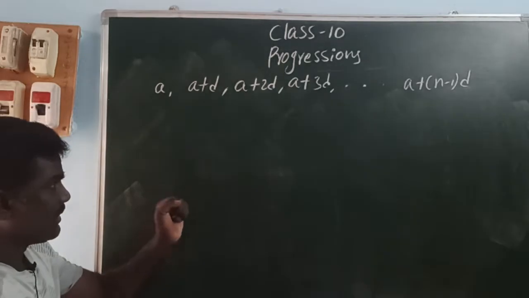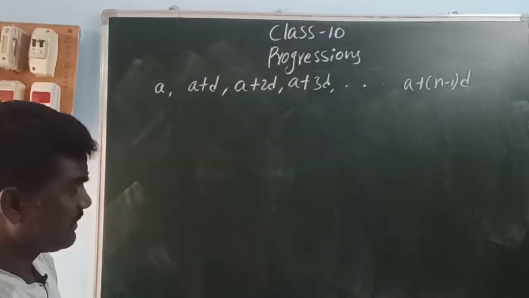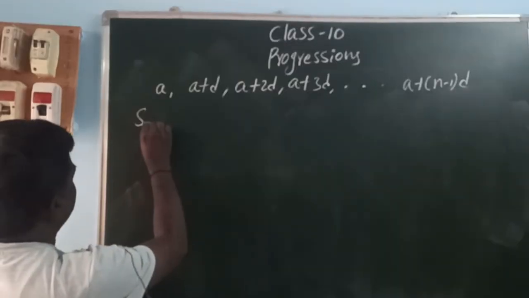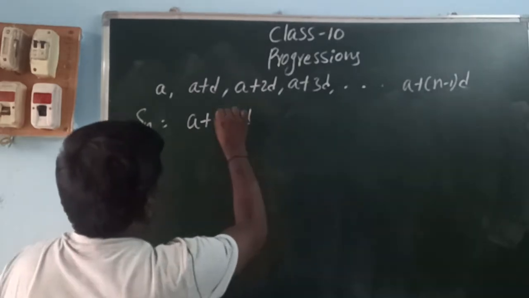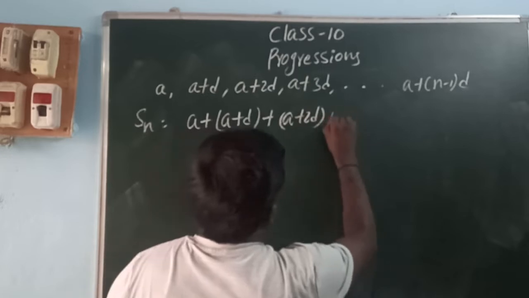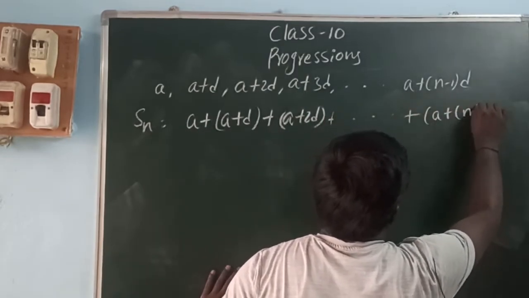Now, the sum of n terms in arithmetic progression. How can we do that? The sum of n terms is Sn. That is a, a plus d, a plus 2d and so on, up to a plus n minus 1 into d.